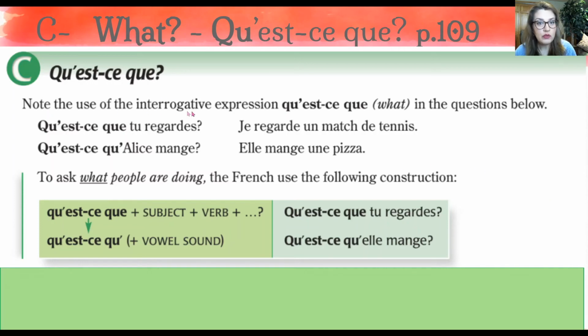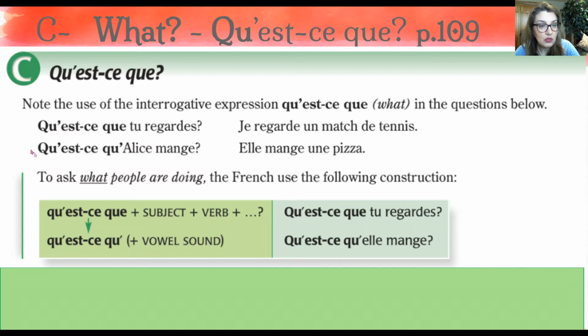So note the use of the interrogative expression qu'est-ce que, or what, in the questions below. Qu'est-ce que tu regardes? So what do you watch or what are you watching? The answer to that is je regarde un match de tennis. I'm watching a tennis match.